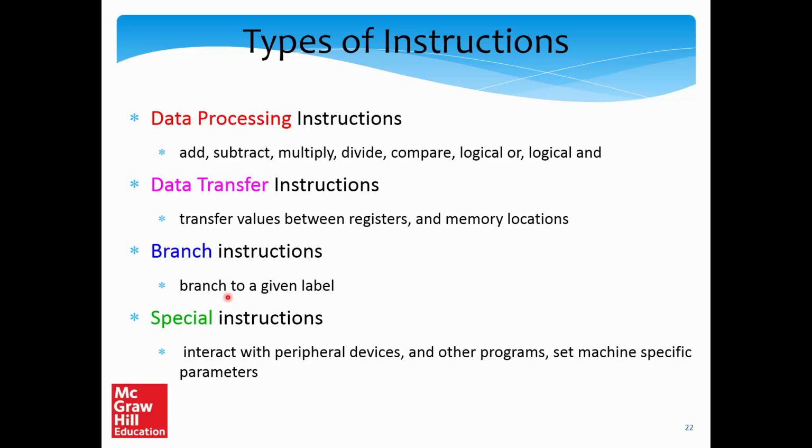It uniquely identifies an instruction, an assembly statement. Along with data processing, data transfer, and branch instructions, we can have special instructions to interact with peripheral devices and other programs, or set machine specific parameters, or essentially access special parts of the computer system that are otherwise not accessible to high level programs. So these are special instructions.